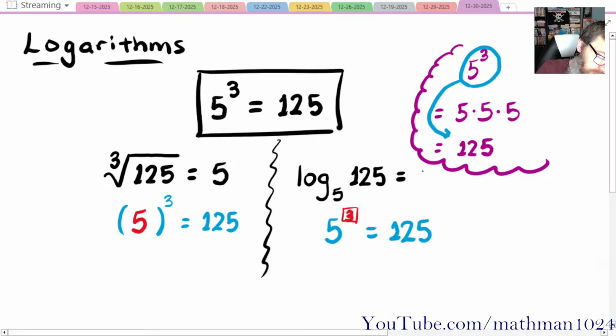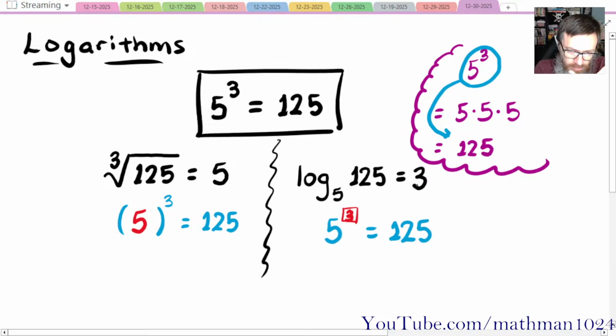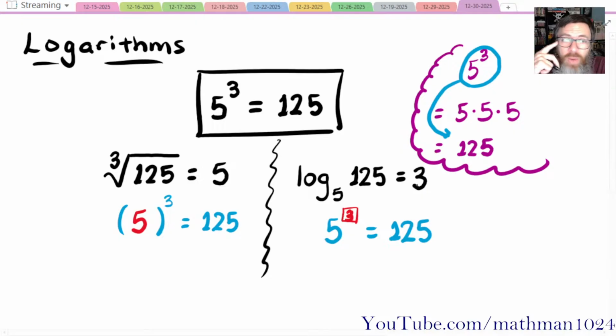Which means the answer to the log is that power, which is just 3. This is how logarithms work. And I don't want to say that's it, because there will definitely be some other things we have to consider in terms of the powers and the things we're going to see. But in essence, this is all we have to worry about for logarithms, in addition to some other properties that we're going to see here in just a little bit.